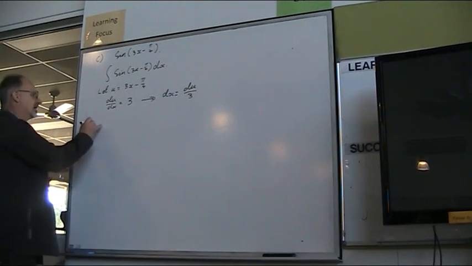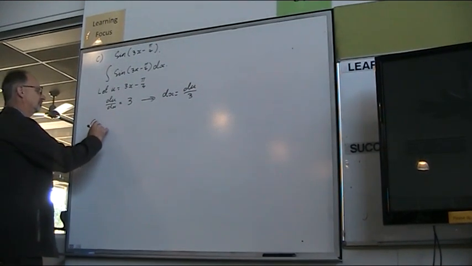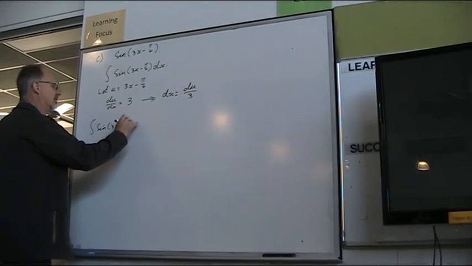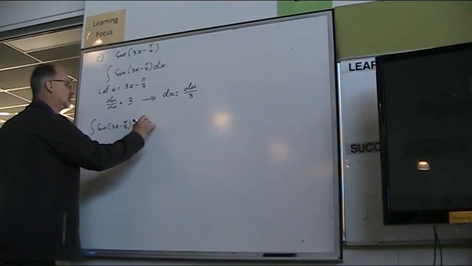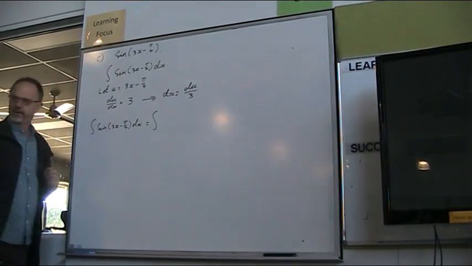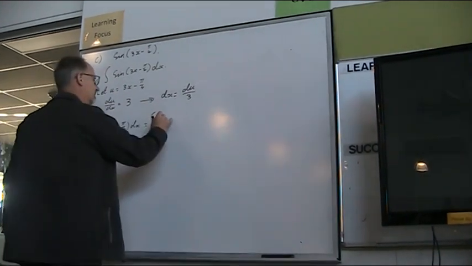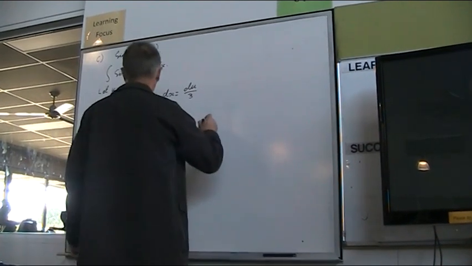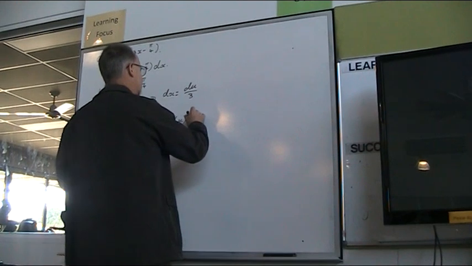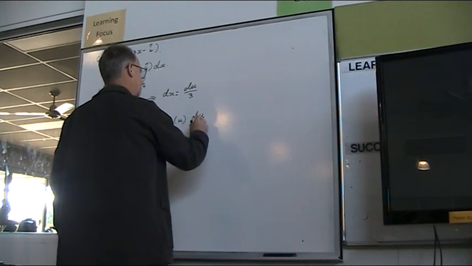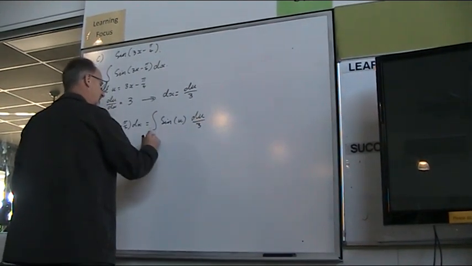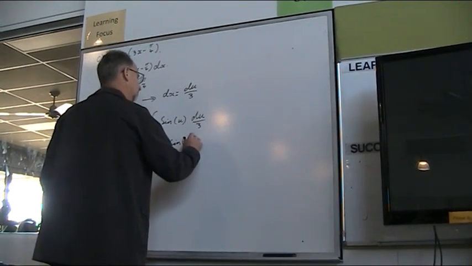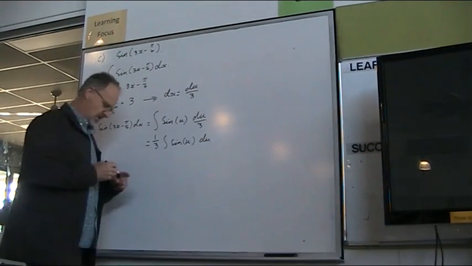So when we do our integral and rewrite it in terms of u, it becomes sine u, and dx is du over 3, and then we take that 3 out the front. All right.